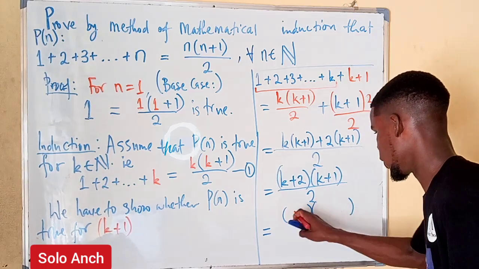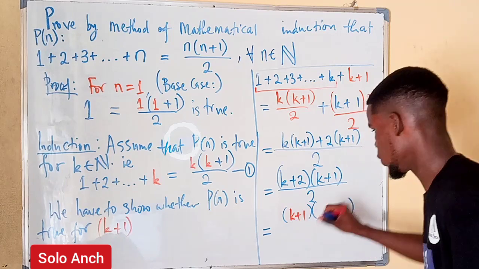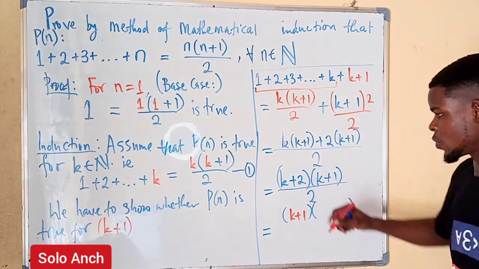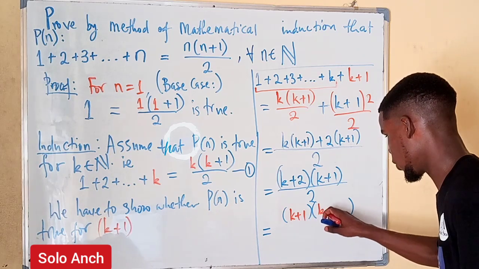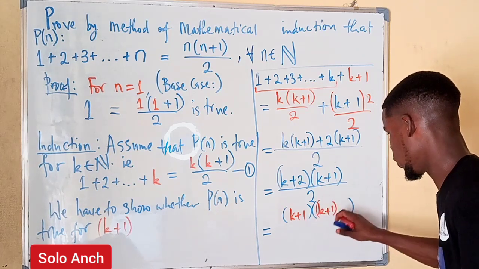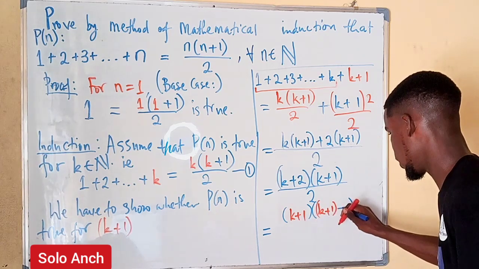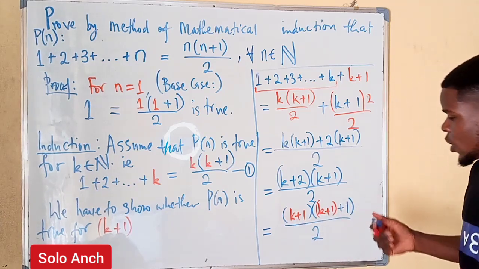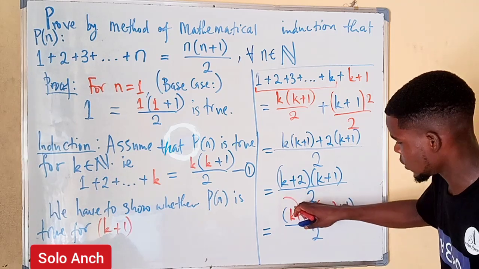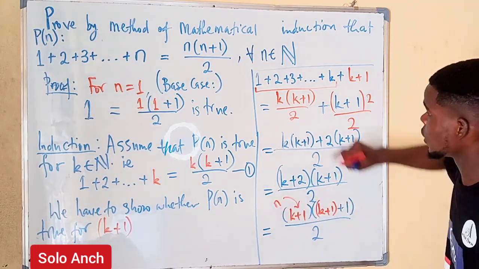This first one is k plus 1. Then I'm going to write this k plus 2 as k plus 1 plus 1, right? There's k plus 1, and then we add 1 to that. Good. And then the denominator stays the same. It's 2.